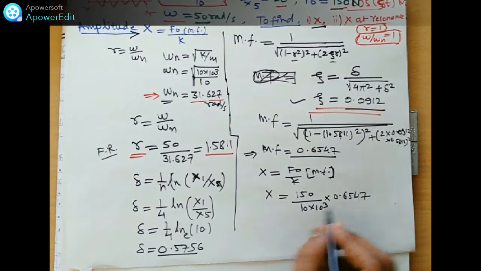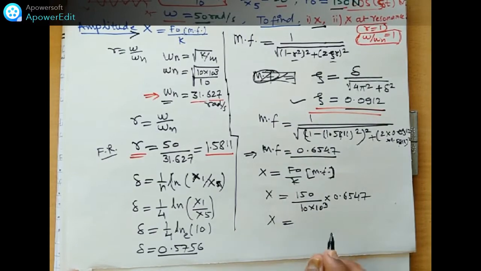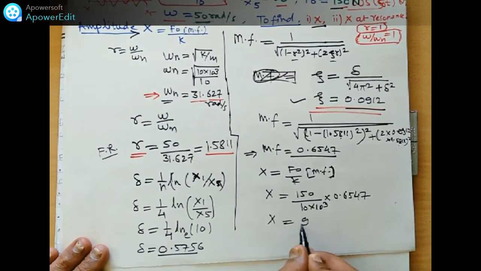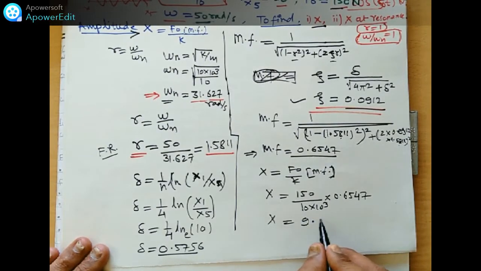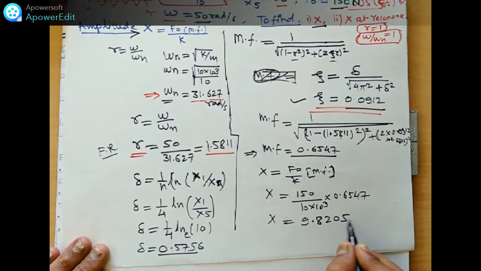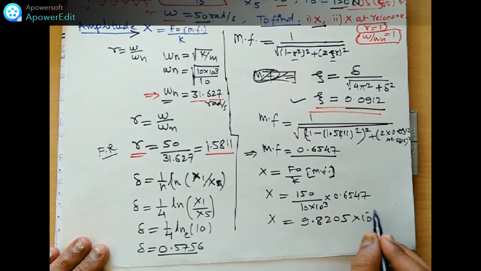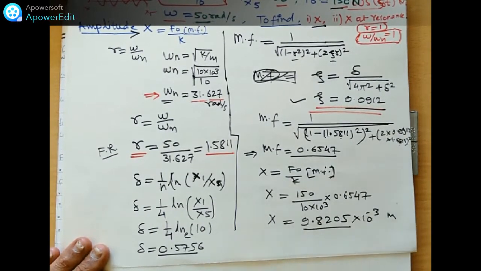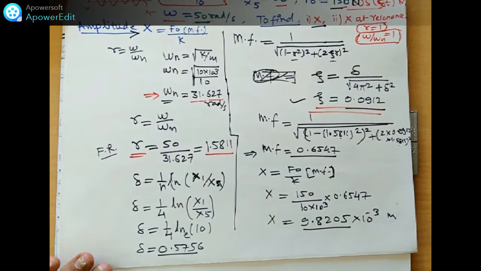In this case x becomes 9.8205 into 10 raised to minus 3 meter, or 9.8205 millimeter. This is in meter.